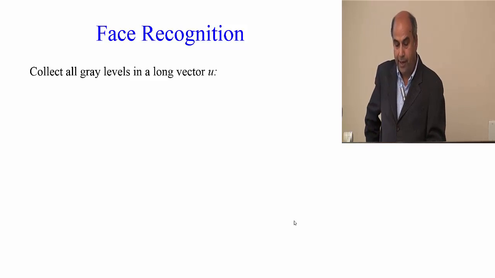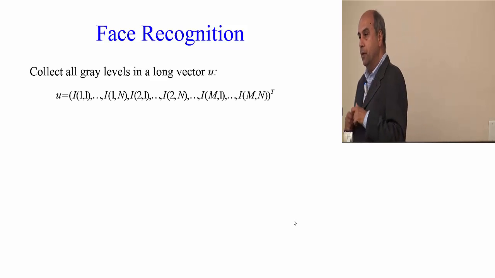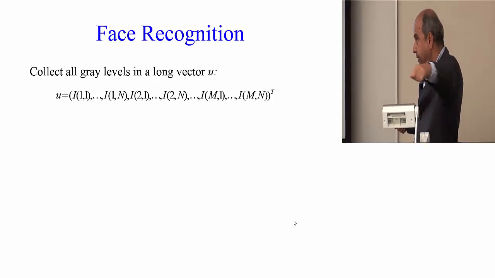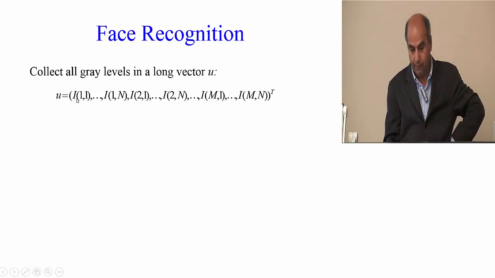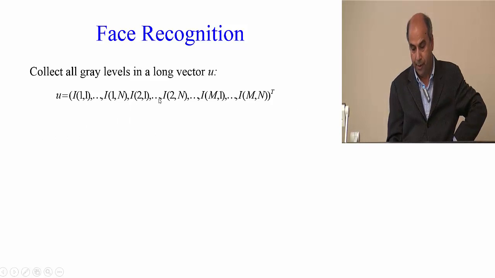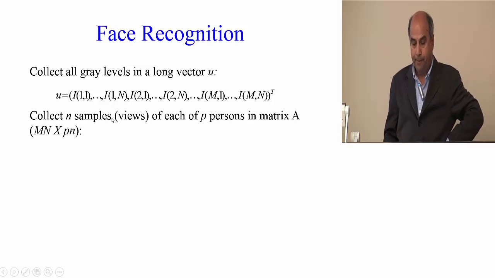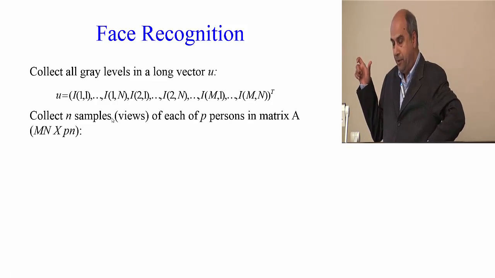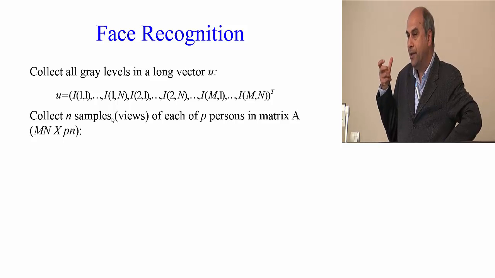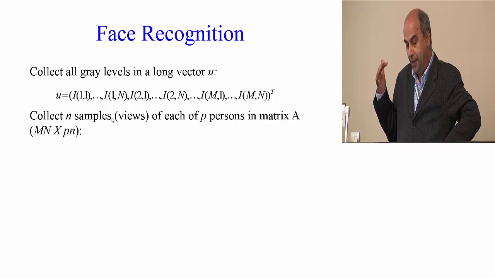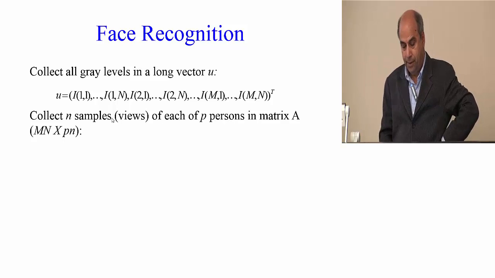Okay. So what we are going to do, corresponding to each image, we'll take the image and make a vector out of that. So this is the vector U. So this is the first row of the image, the second row, third row, and all these rows. So these are the elements within the row. So this is the M by N image, and let's say we have small n samples for each person, and there are p persons.